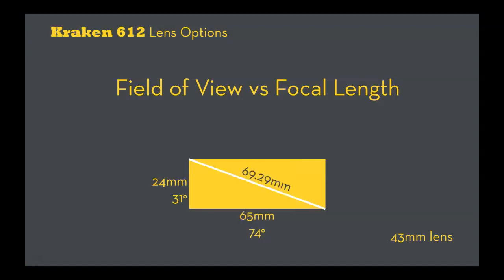Well, let's move on one frame. So now we've gone back, we've left the 43 millimeter lens on the camera. We've switched back to the X-Pan, and we still have that 31 degree field of view top to bottom, but now we can see 74 degrees left to right.